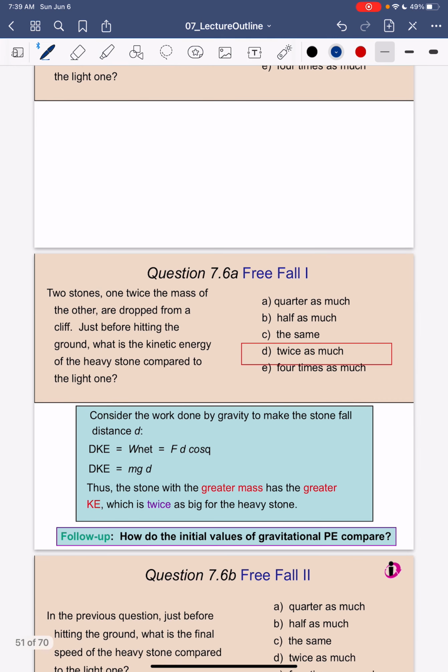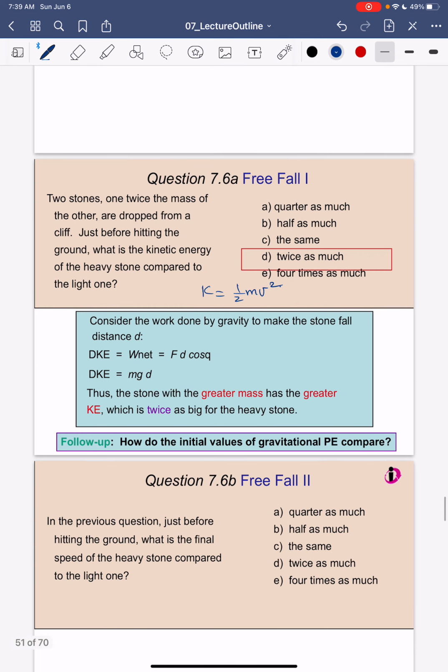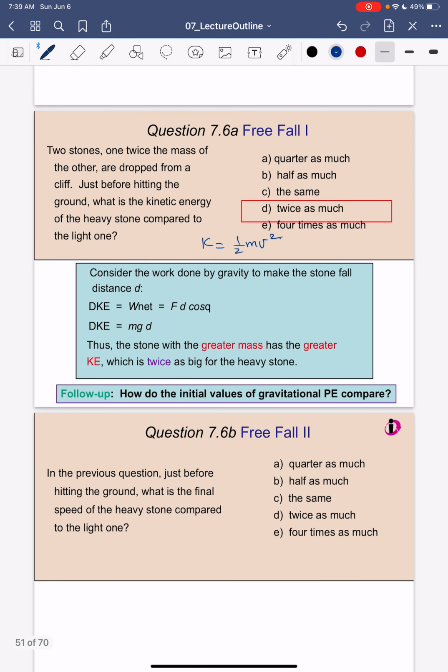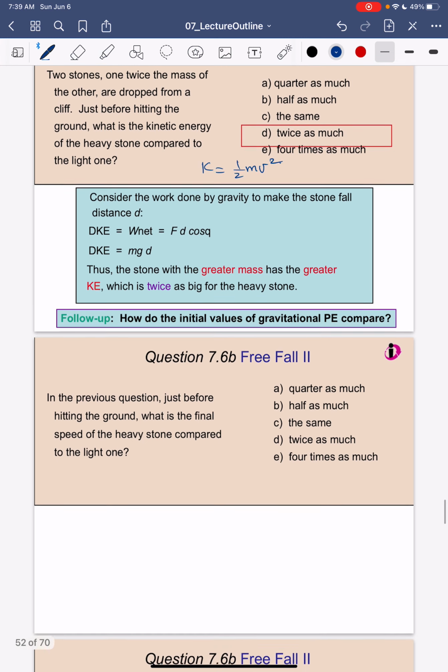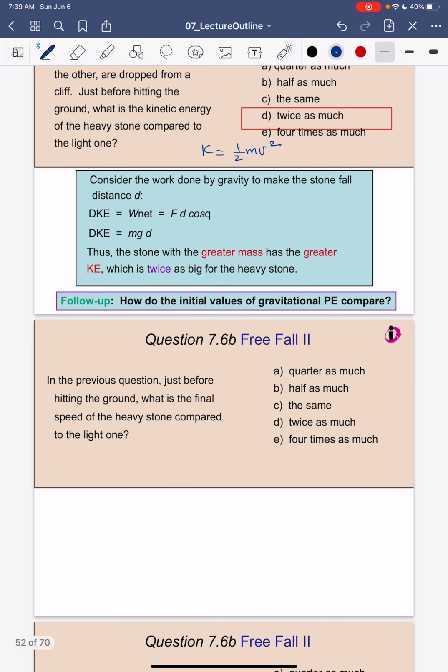Because remember, the kinetic energy has to do not only with the speed, it has to do with the mass as well. In the previous question, I will say, just before hitting the ground, what is the final speed of the heavy stone compared to the light one?